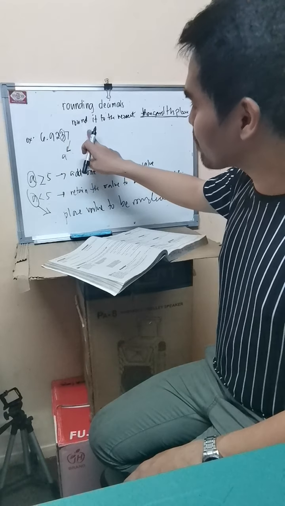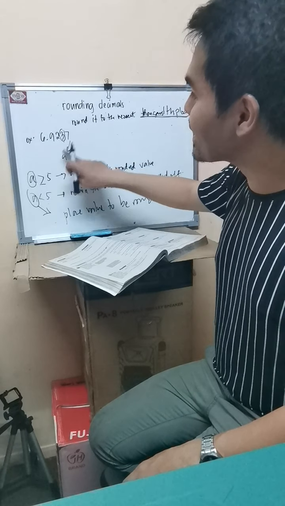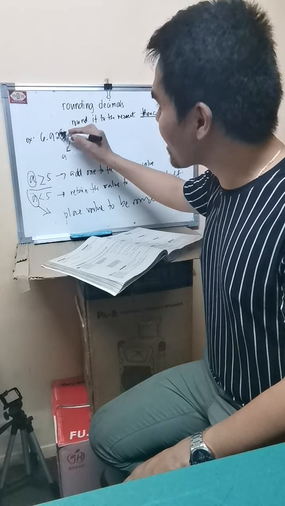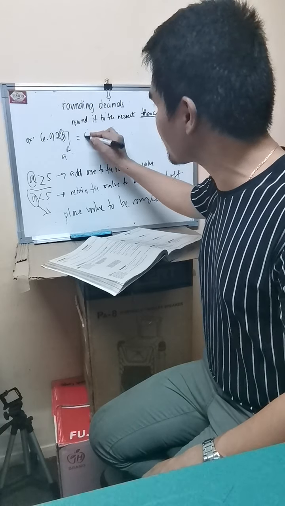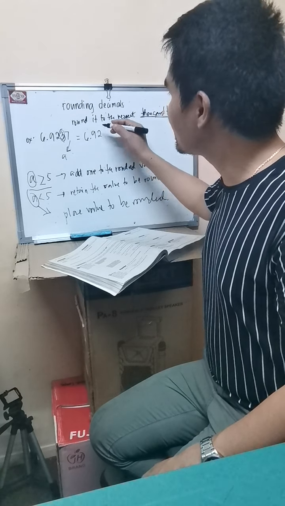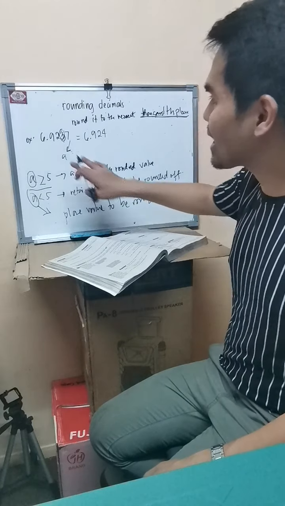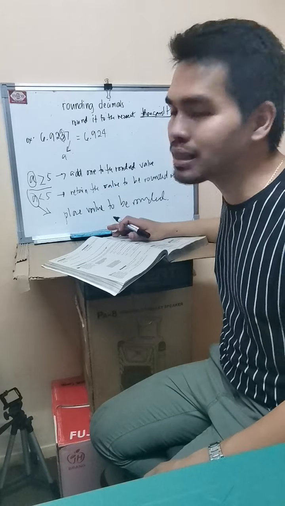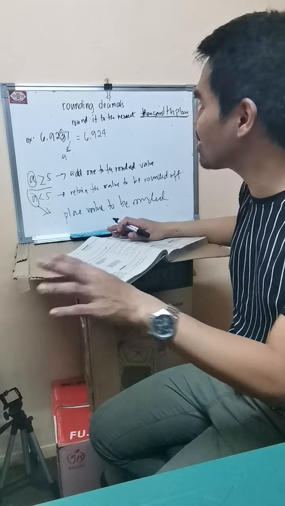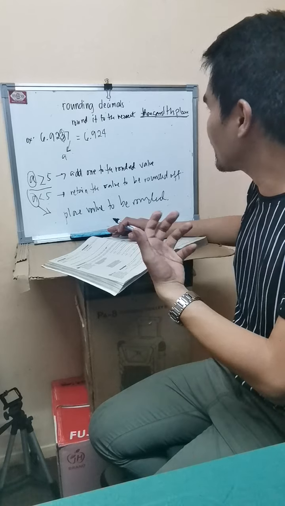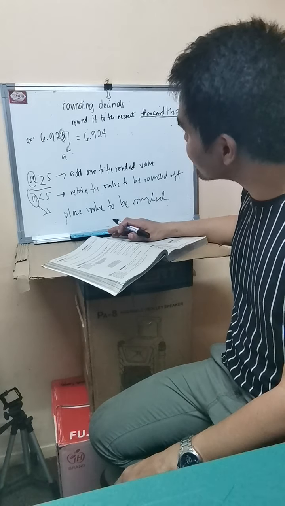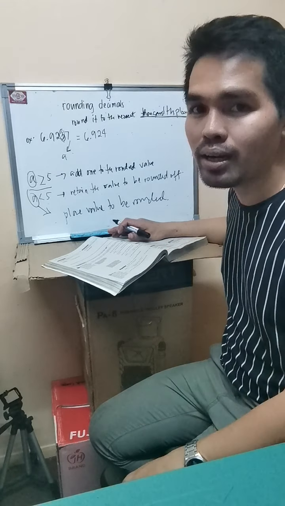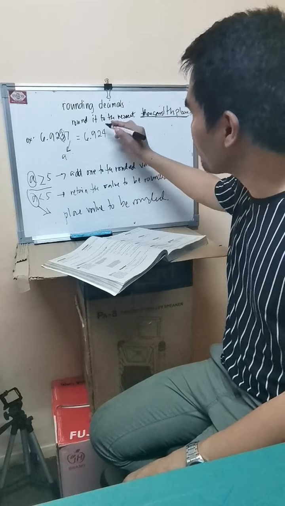But since the A is actually greater than 5, it's the case of number 1, we will add 1 more to the 3. Thus, this is equivalent to 6.924. Okay? So the rounded value of 6.9237 rounded to the nearest thousandths place is 6 and 924 thousandths. Okay? For this one.